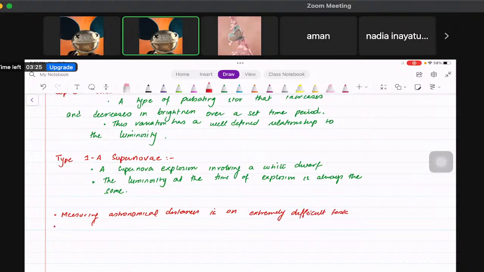A direct distance measurement is only possible if the object is close to the earth. So what do you do?